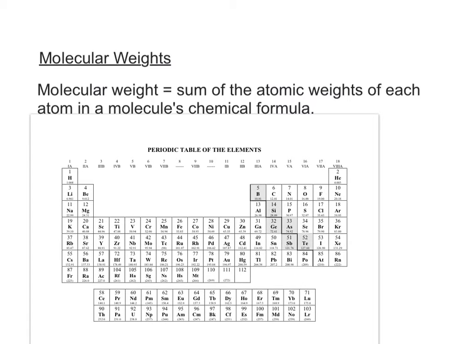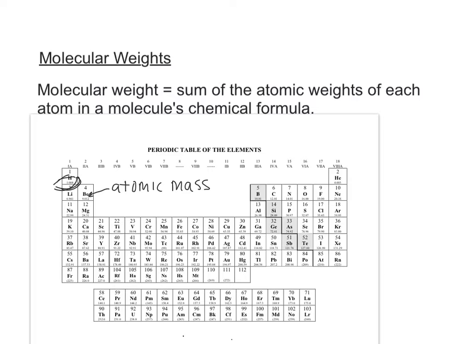So for hydrogen, we might find its atomic mass or atomic weight below, and beryllium below its symbol. This is where we can find its atomic mass. Sometimes we might call it atomic weight as well.